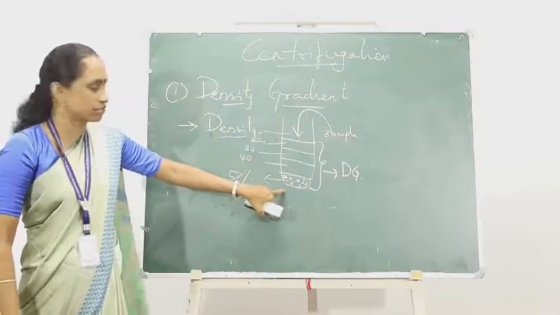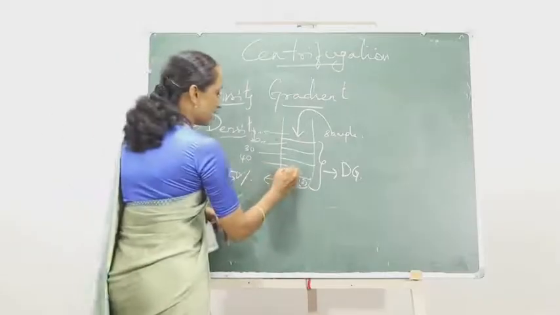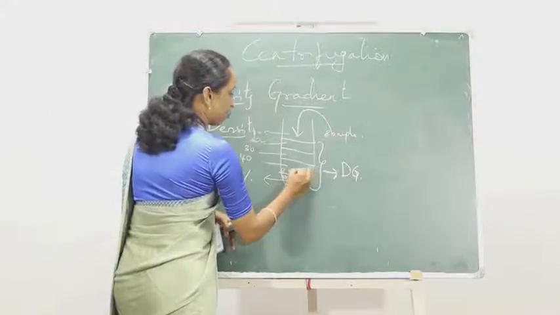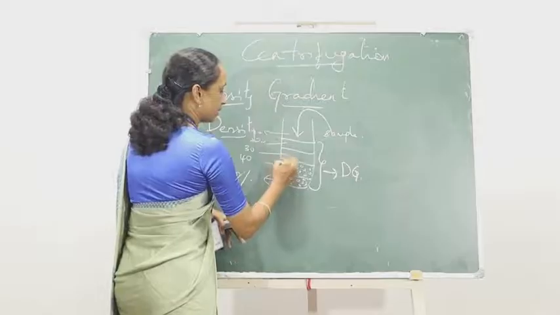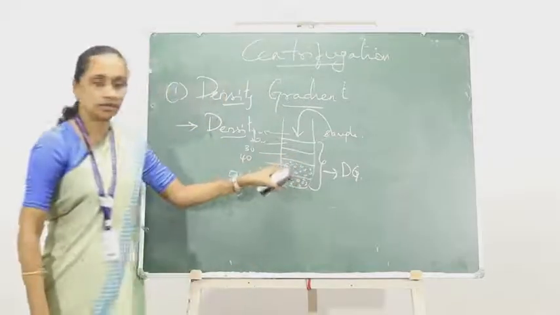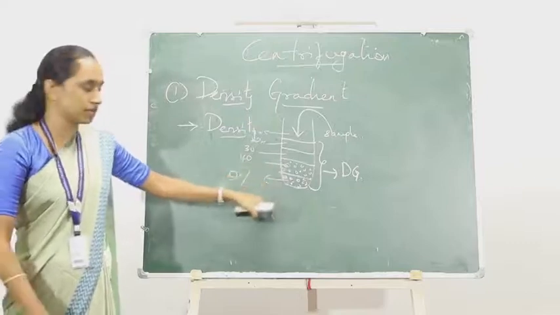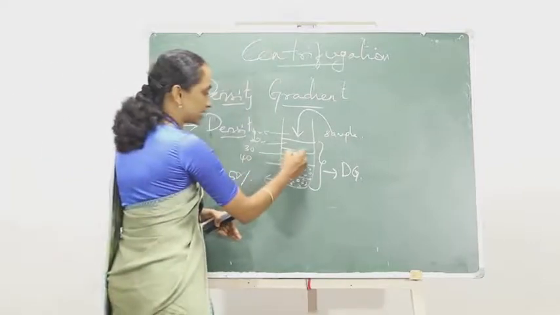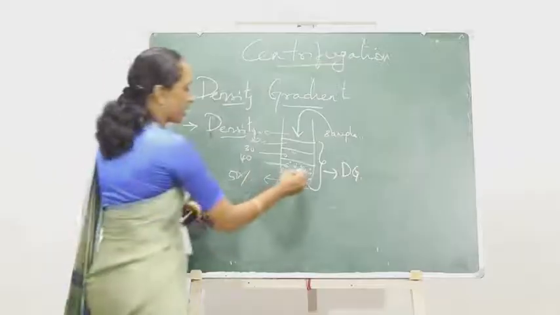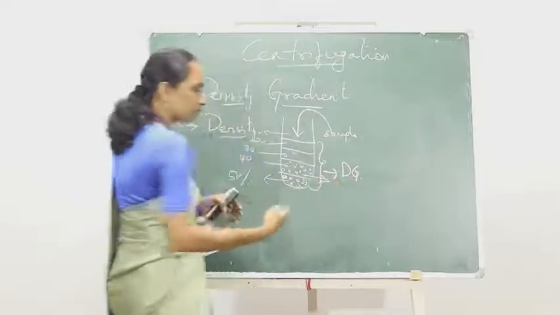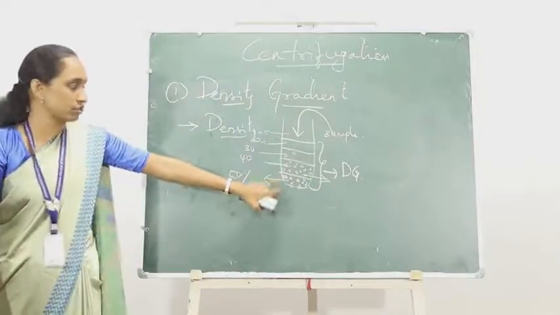Similarly, the respective density of that particular sample will get fixed at the respective concentration. It will not combine with the other densities. So based on density it will get separated, and later we can easily separate our sample.